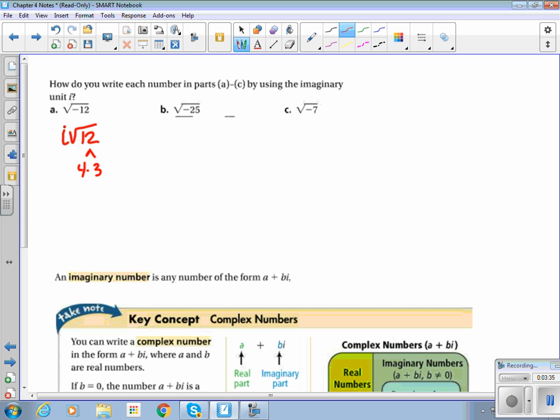It's 4. So 4 is a perfect square. So I'm going to go ahead and take the square root of 4 and put it out with i. So the square root of 4 is 2. And poor 3, he is not a perfect square. He stays inside the square root. So square root of -12 is 2i times square root of 3.